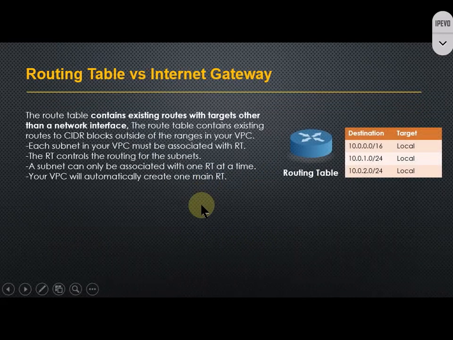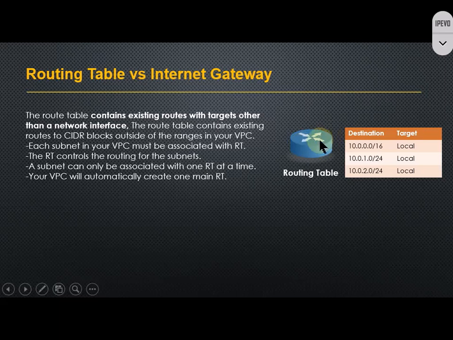Let's head over to the next slide, which is talking about the routing table versus internet gateway. If you are from a networking background, this will be a piece of cake for you, because we know that in a Cisco routing table, whenever we link interfaces up with IP addresses, we create a routing table.